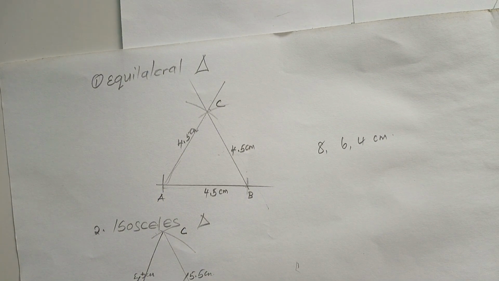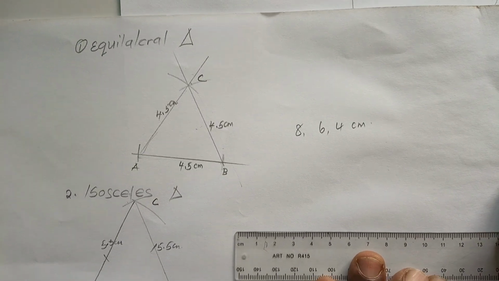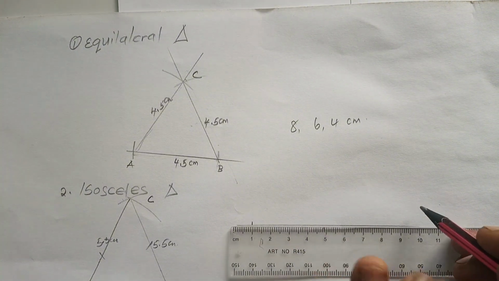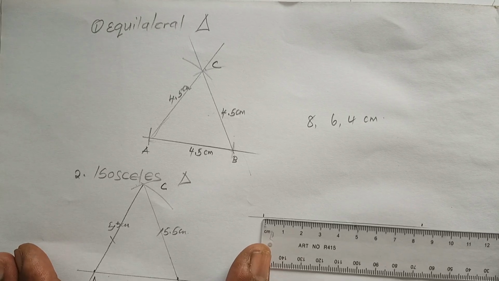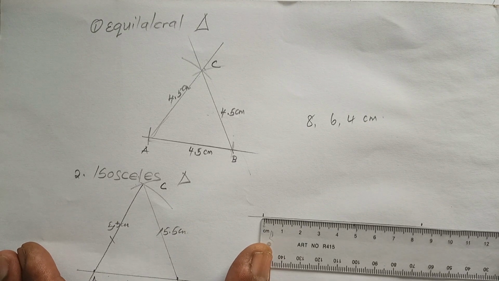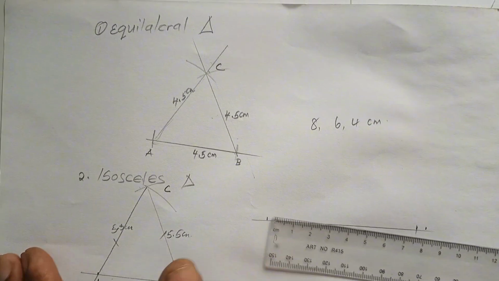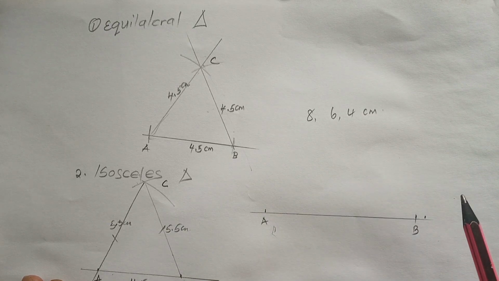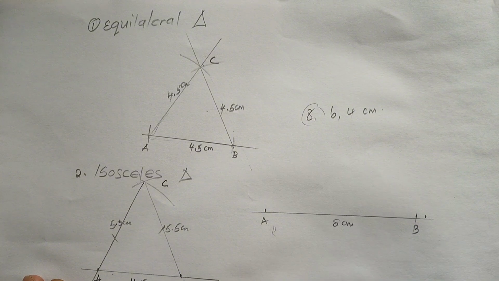So we can begin with measuring 8 centimeters. So we take a generous length like that. If you measure it from that point, 8 centimeters is somewhere here. So our line AB for the first one is 8 centimeters.